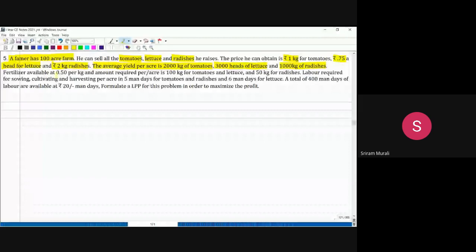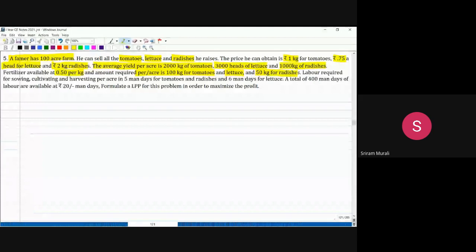Fertilizer cost, irrespective of all the three, is 0.5 per kilogram. The amount required per acre is 100 kg for tomato, 100 kg for lettuce, and only 50 kg for radishes.